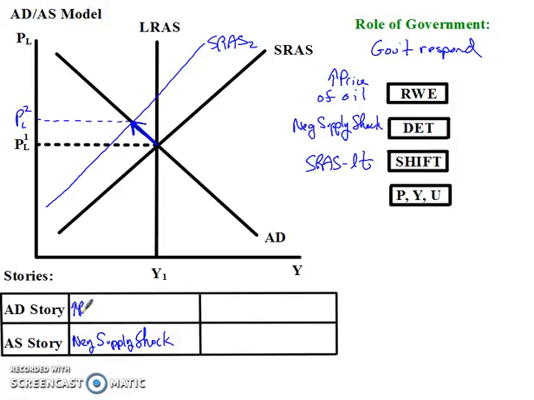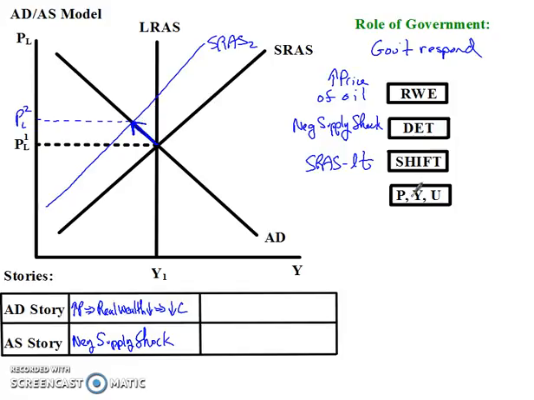Higher prices mean that my real wealth is going to go down, and that means that, for example, consumption is going to go down, moving us along that aggregate demand curve.